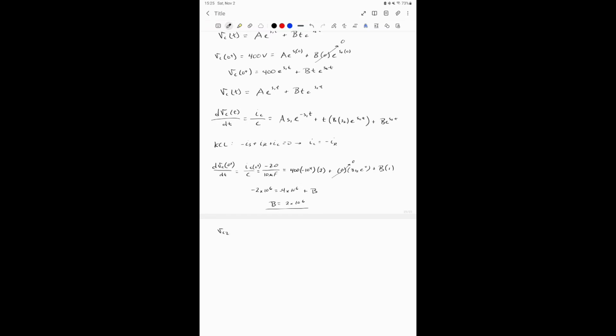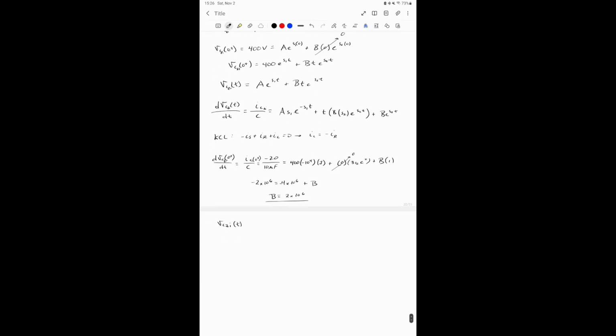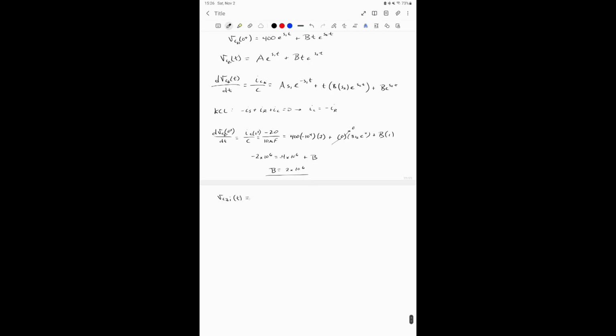So now our VC 0 input of t, which, apologies, I did this last problem too, where we need to be putting the 0 input here. VC of 0 input is equal to 400 e^(-10^4 t), plus the B is 2 times 10 to the 6th times t, remember, don't forget that t, e^(-10^4 t).